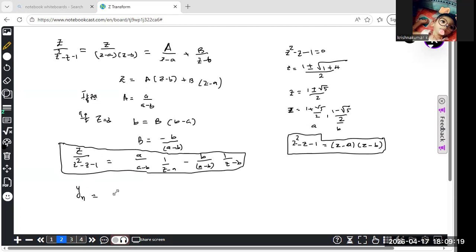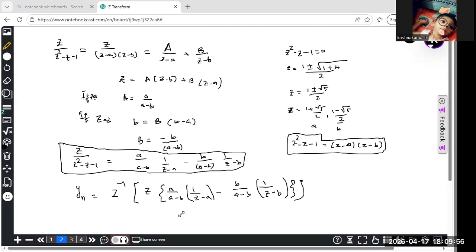y n is equal to z inverse of, already we have one z here, so z times this factor. So this factor is equal to a by (a minus b) into 1 by (z minus a), minus b by (a minus b) into 1 by (z minus b). So these are all factors. This z is common for both terms.